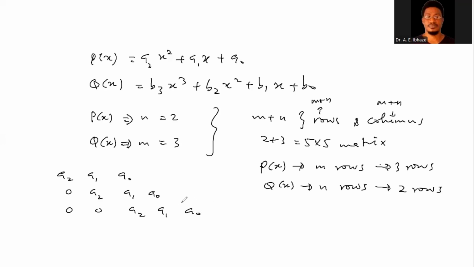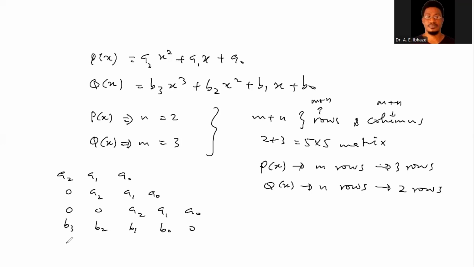So that's that for the first. So it has 3 rows. It takes the polynomial degree numbers for its rows. Then Q(x) will now have n rows. So that will be B3, B2, B1, B0, 0.